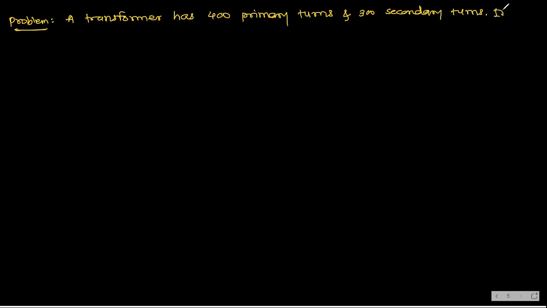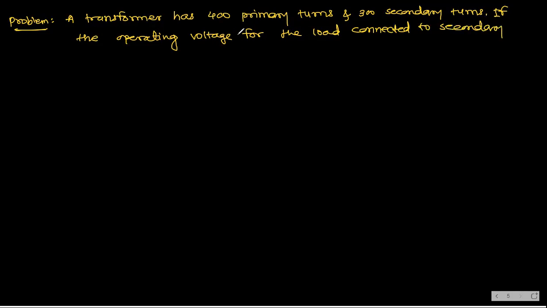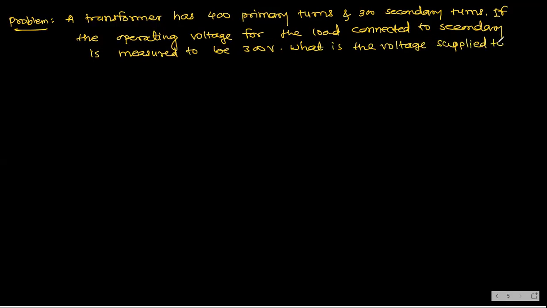If the operating voltage for the load connected to secondary is measured to be 300 volt, what is the voltage supplied to primary? Now see, this question is looking very big, but it is very easy.